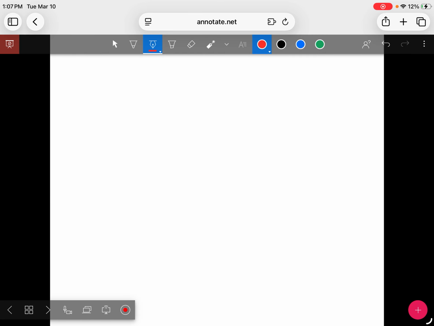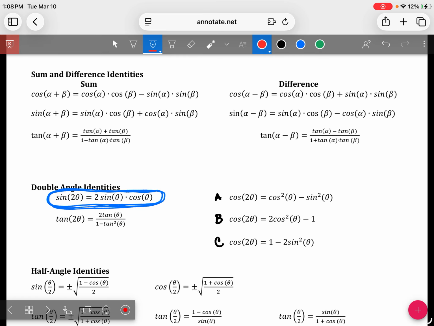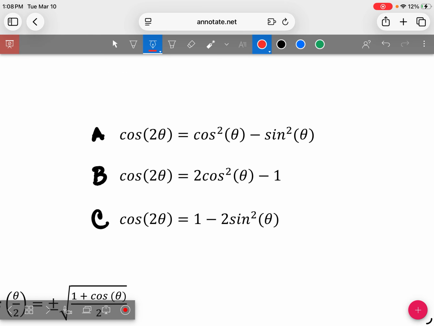But when you look at the rest of the equation, notice that the rest of my equation has a sine. Does everybody see that? It has a negative sine squared. So let's pick the option that only has sine. So which option, A, B, or C, only has sine? C. So I'm going to substitute my cosine double angle for this.